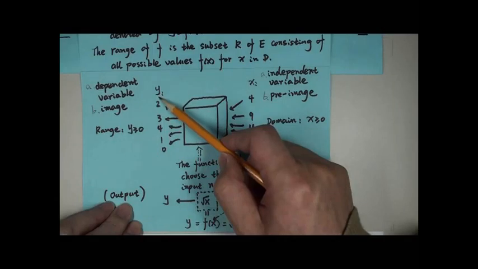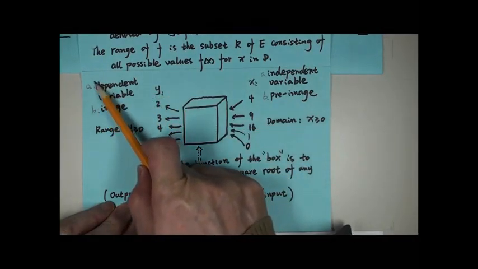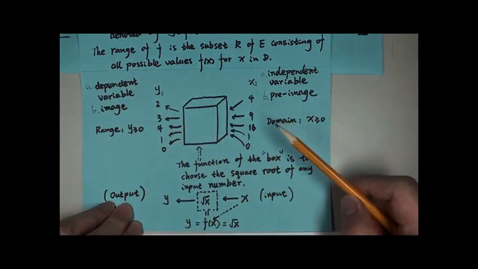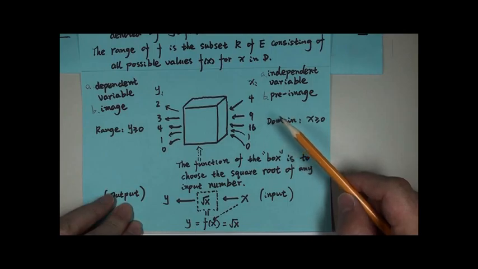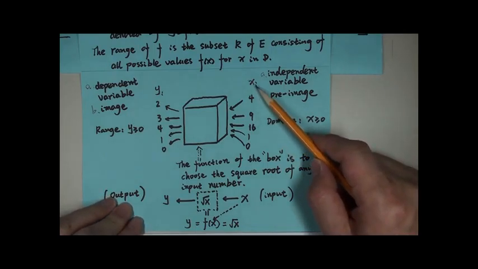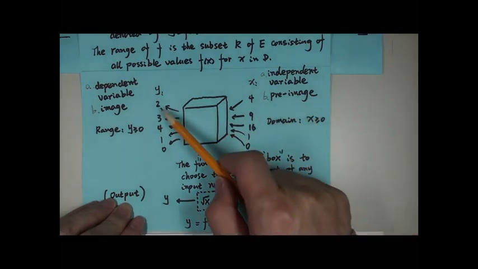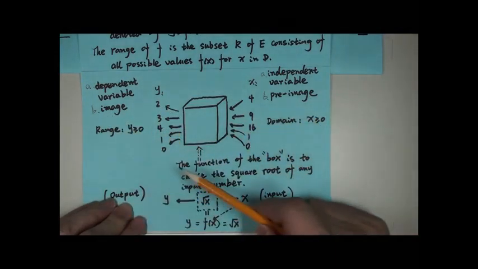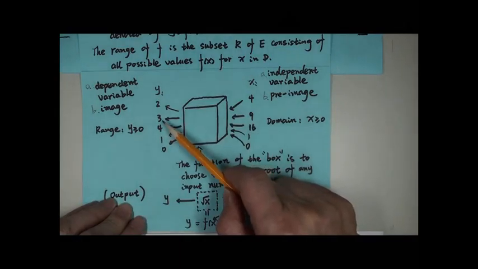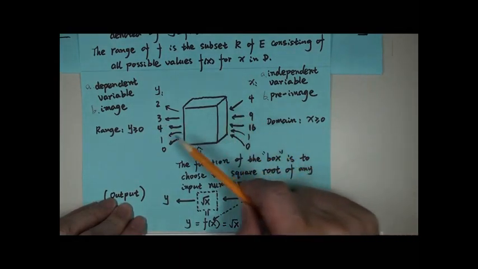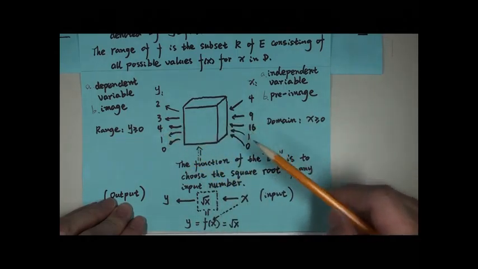So the variable y is called the dependent variable. Sometimes in different books, x is called the pre-image and y is the image. So we say 3 is the image of 9 and 4 is the image of 16.